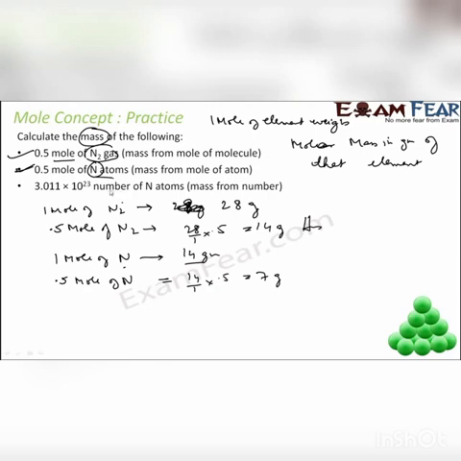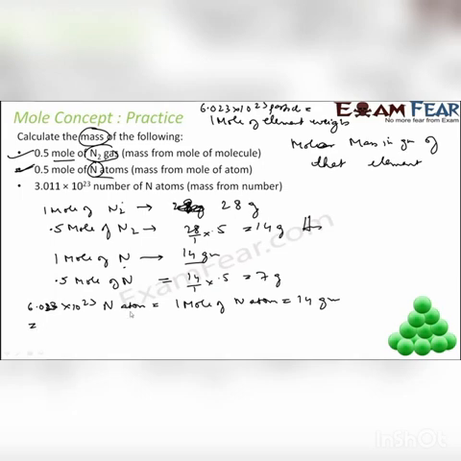Then the third is this many number of atoms. So we know that 1 mole of an element is nothing but 6.023 into 10 to the power 23 particles. These many particles will be 1 mole and that will be the molar mass. So we know that 6.023 into 10 to the power 23 N atoms is equal to 1 mole of N atoms, and that is equal to 14 grams, right?